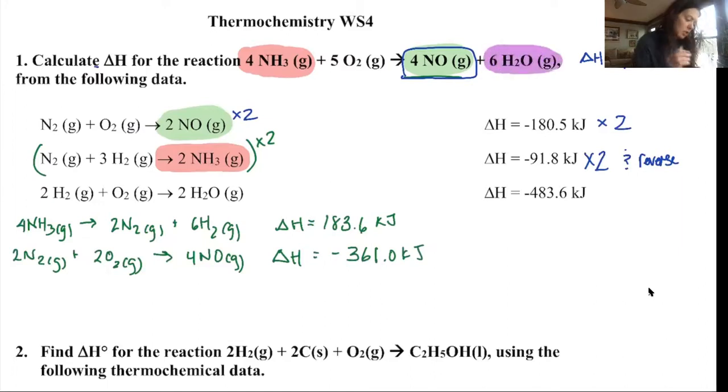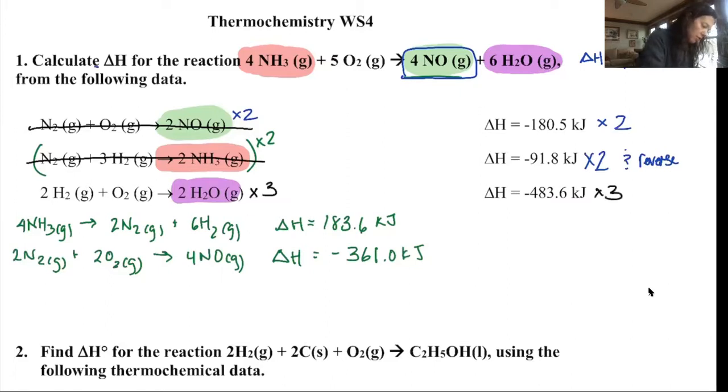I will now go to my target equation and I will look at my next species. That is 6 water vapors produced. Now I've already used this equation. I will not use it again. I've already used this equation. I won't use it again. So my waters will be these waters. I need 6 produced. This provides 2 produced. It will need to be multiplied by 3, but not reversed.